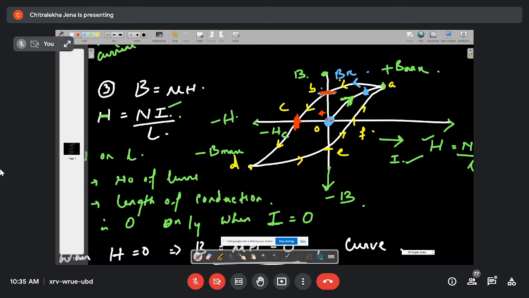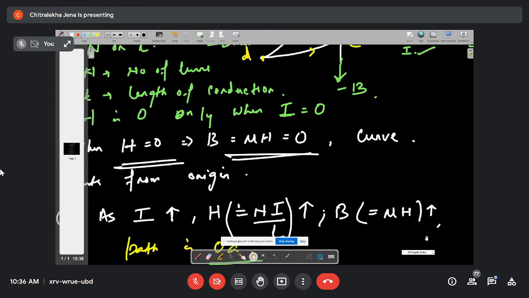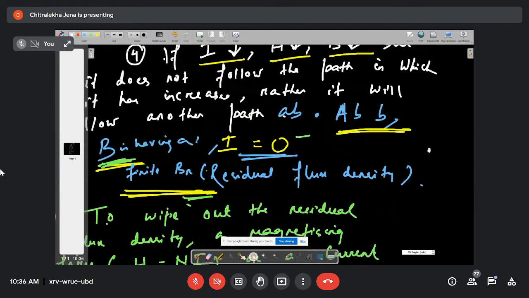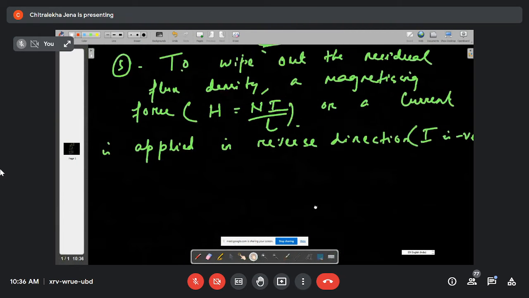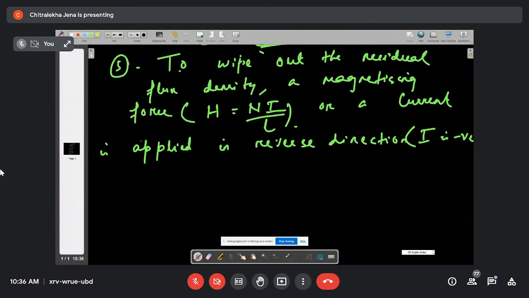And the force we are applying is called the coercive force, HC. HC is negative in this direction. Am I clear to each one of you? All of you understood? So a current is applied in the reverse direction.